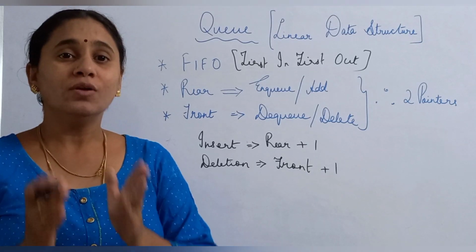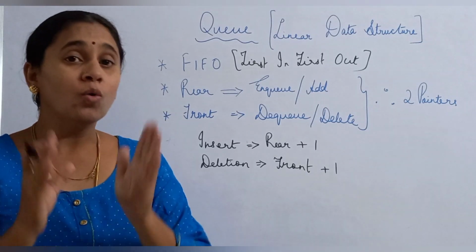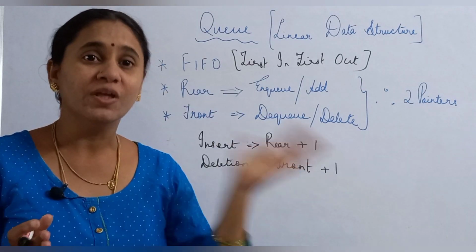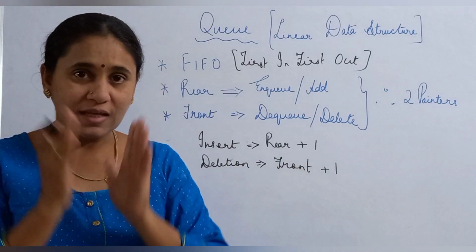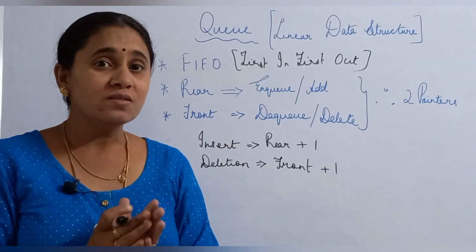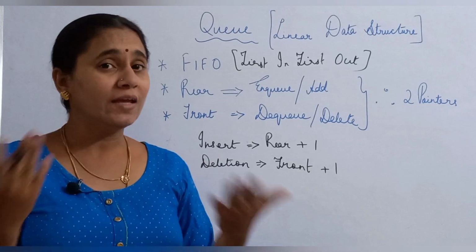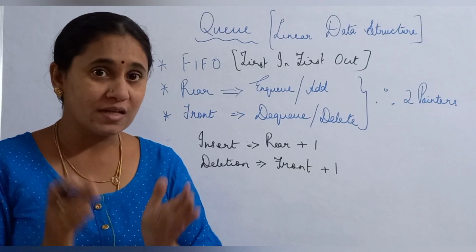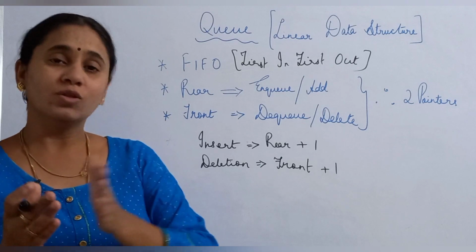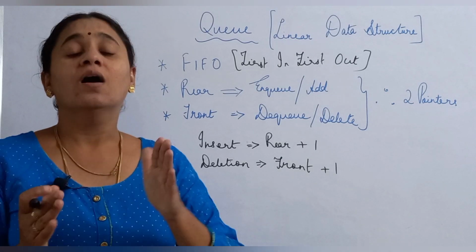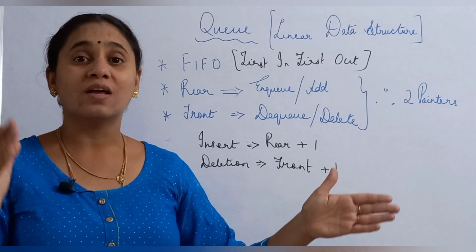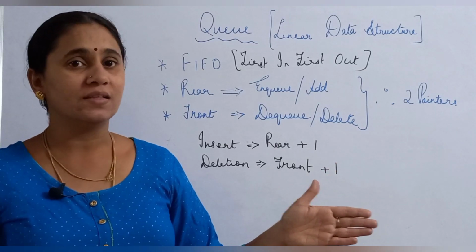The person who arrives first will leave the counter first, and the person who arrives last will stand at the last place, next to the last person.